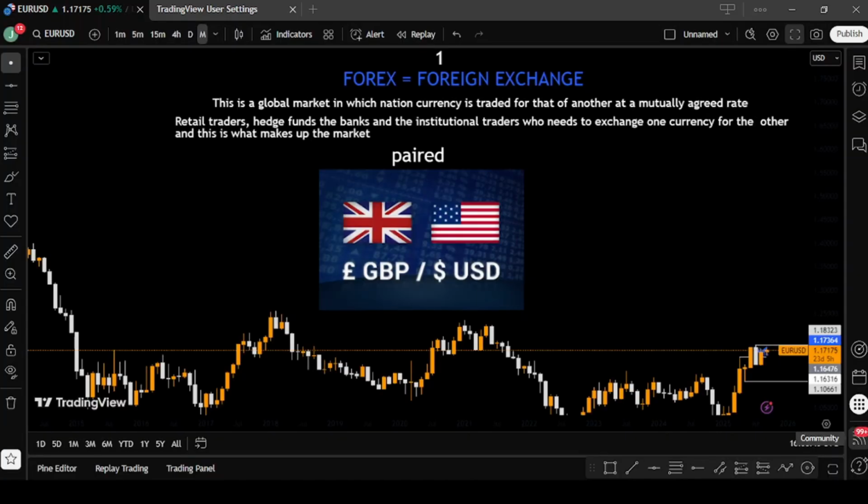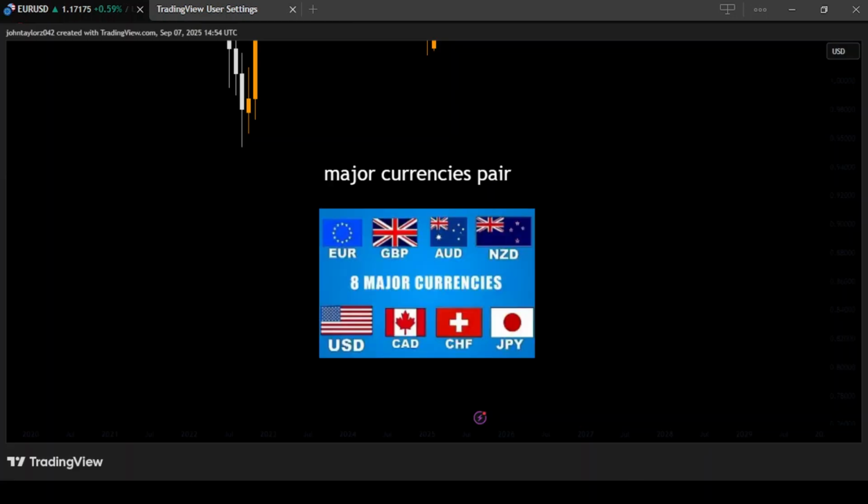We have major currencies in the world, but we focus on the pairs with USD because USD is mostly used for exchange. Some currencies don't have much value, so we have to pair them with other currencies before exchange.